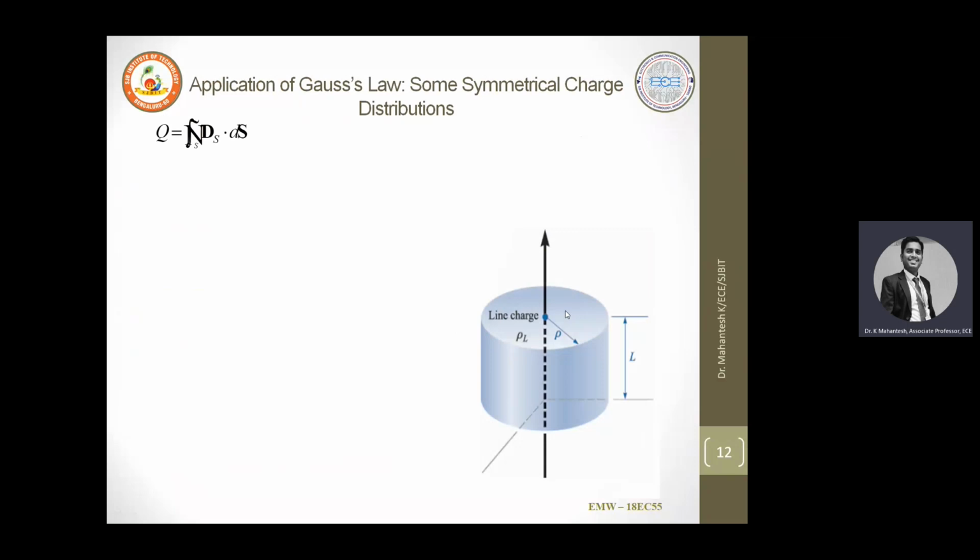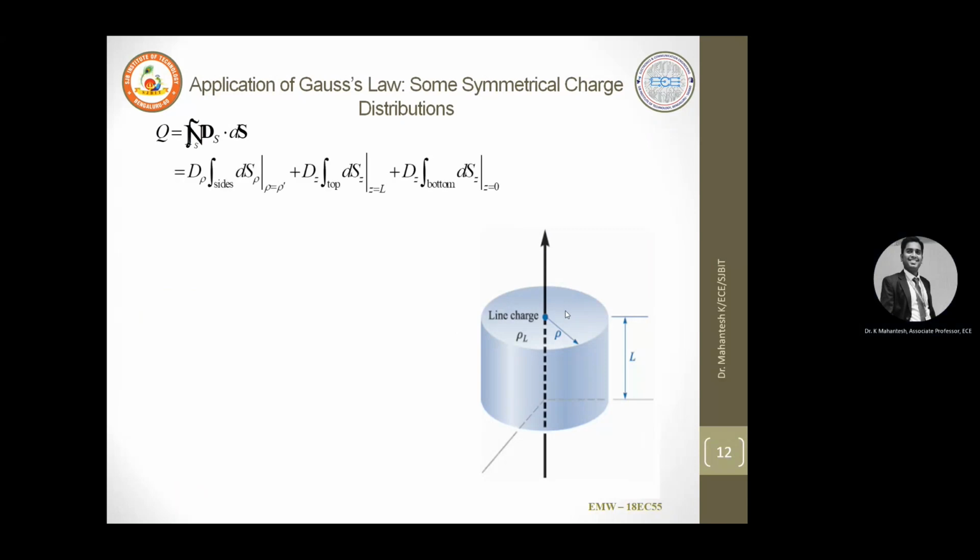As per Gauss law, Q is equal to the closed surface integral of D dot dS. But here the closed surface integral can be represented in three parts: one with respect to the side of the cylinder, the second with respect to the top, and the third with respect to the bottom of the cylinder.